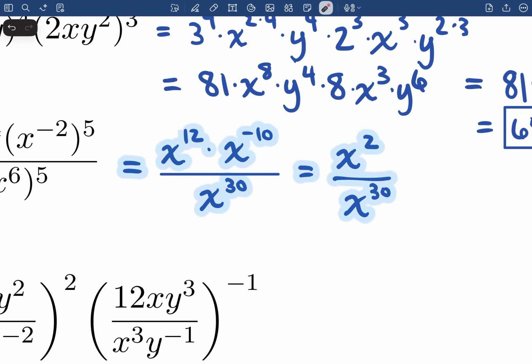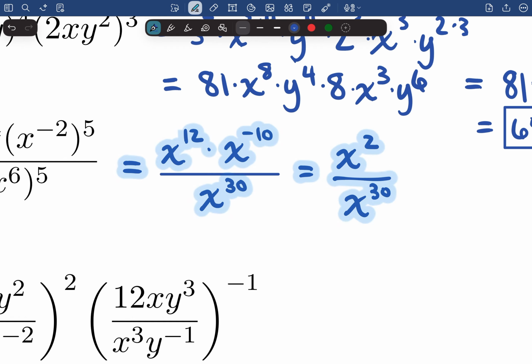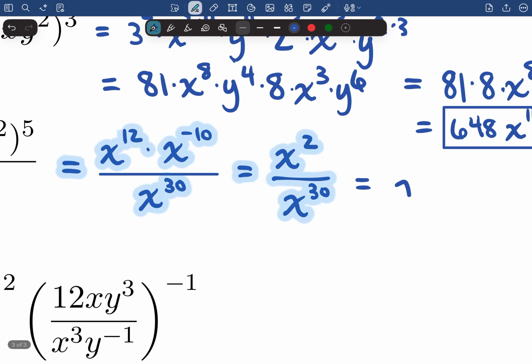I see the same base, the top and bottom. So I could take the top and subtract the bottom. And so I might write this as x to the 2 minus 30. But 2 minus 30 is negative 28. Okay, so I'll write 2 minus 30 as negative 28.